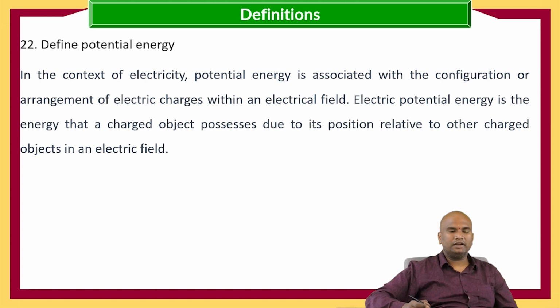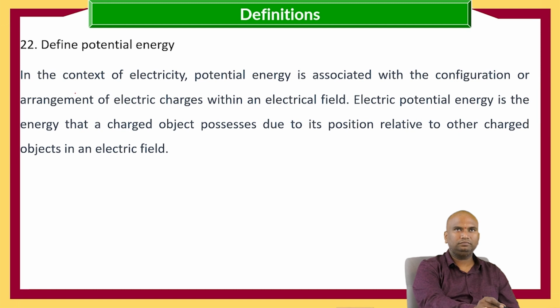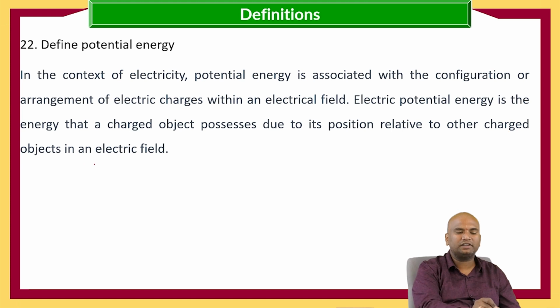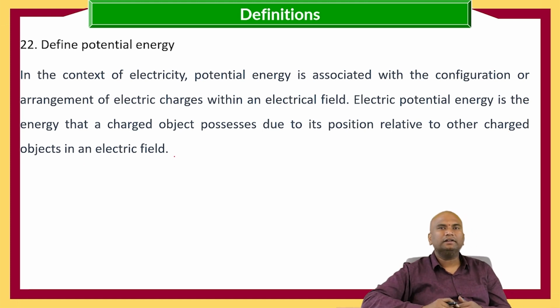Define potential energy. In the context of electricity, potential energy is associated with the configuration or arrangement of electric charges within an electric field. Electric potential energy is the energy that a charged object possesses due to its position relative to other charged objects in an electric field.